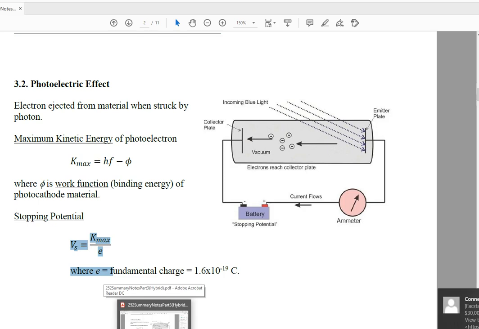And if you've read about Einstein, you may have read that he is the one that did this photoelectric effect work with the photon model. This was part of the work that he did when he got the Nobel Prize. It was an incredible couple of years for Einstein.